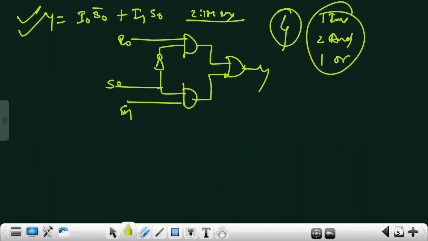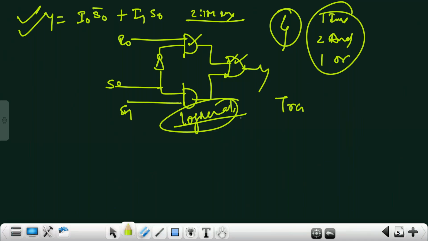Now, can you tell me how many transistors are required? See, in the end, what is the product? Your design is constructed or fabricated because of transistors only. These are all symbolic, logical representations. This is not our end product.